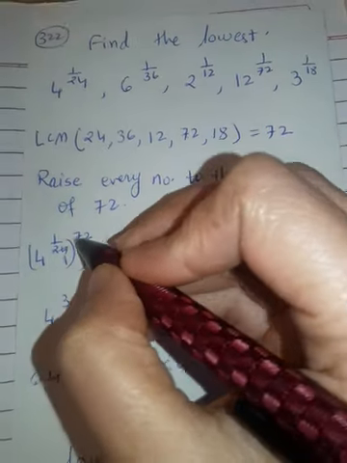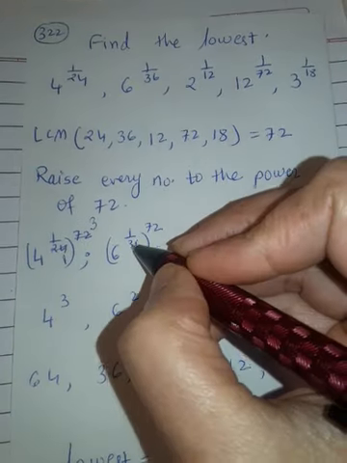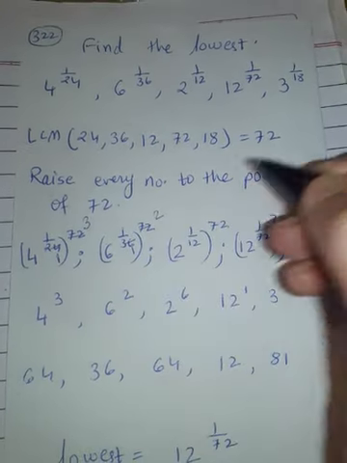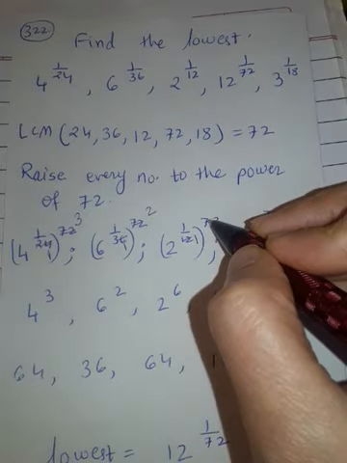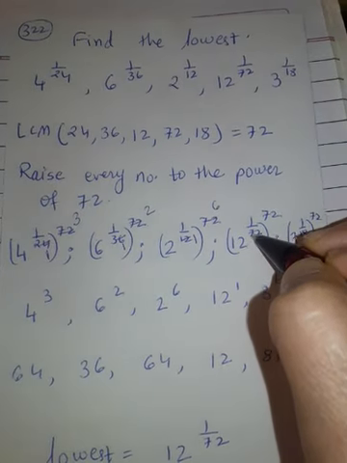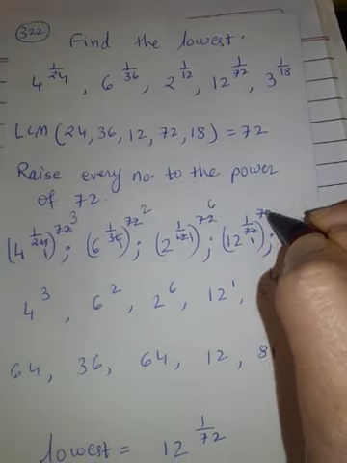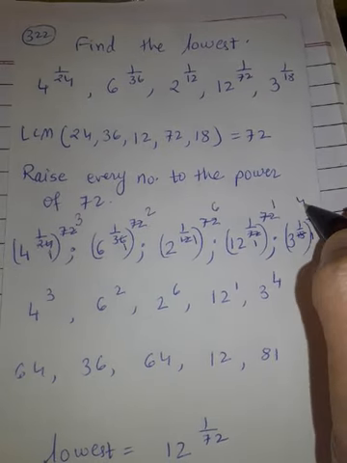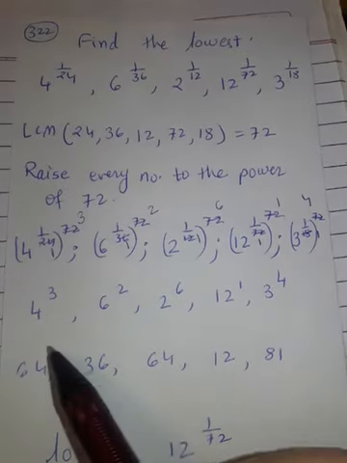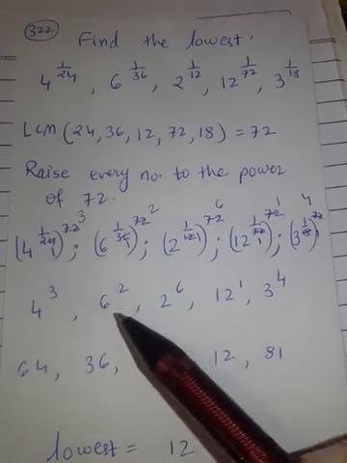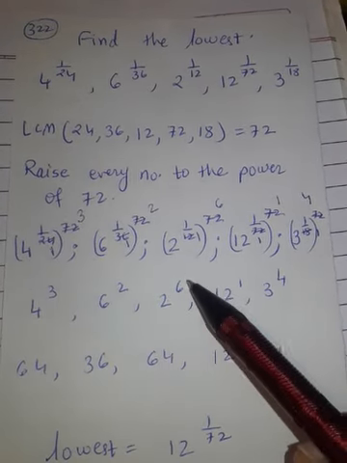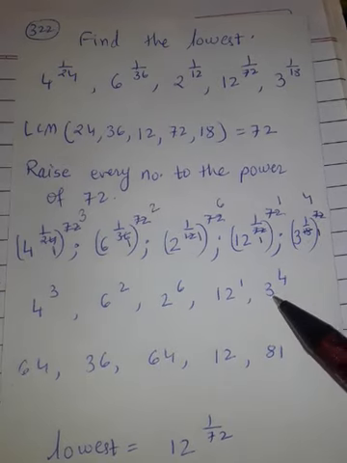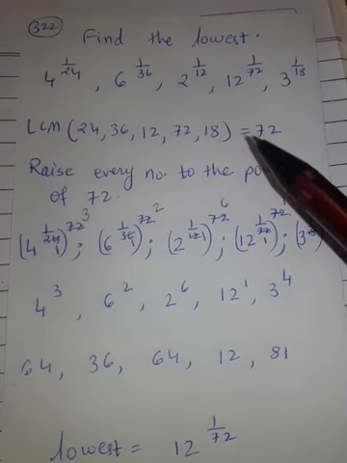So 1s, 3s, 1s, 2s, 12 1s, 12 6s, this is 1 1, 18 1s and 18 4s. So now I can write this in index form: 4 cube, 6 square, 2 raised to 6, 12 raised to 1, 3 raised to 4.